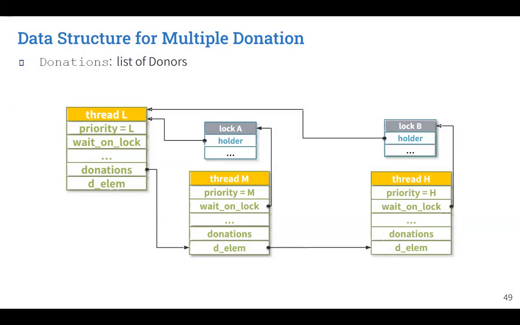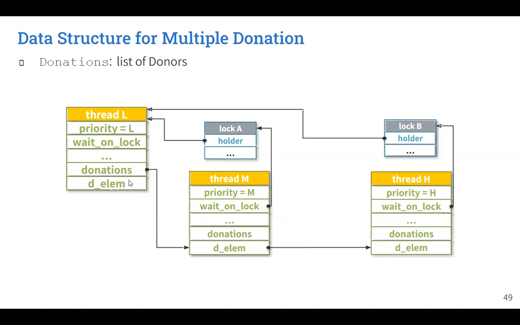So for multiple donation, the data structure you should implement is donations, a list of donors. So for the thread struct, you want to add a list called donations to maintain a list of donors. So if you inherited priority from another thread, you want to make sure that that thread is still running if you have that priority.